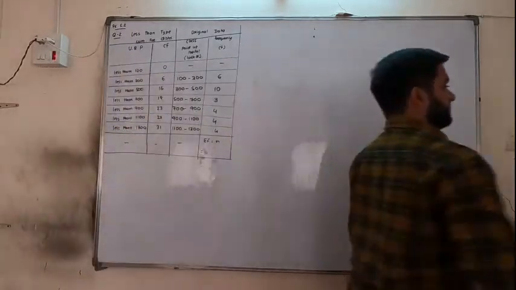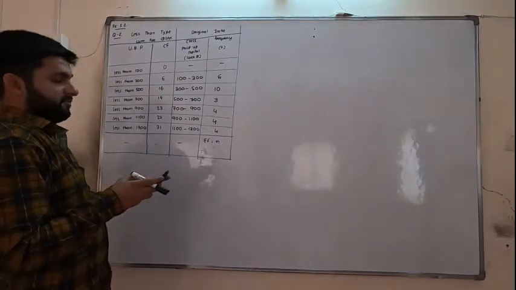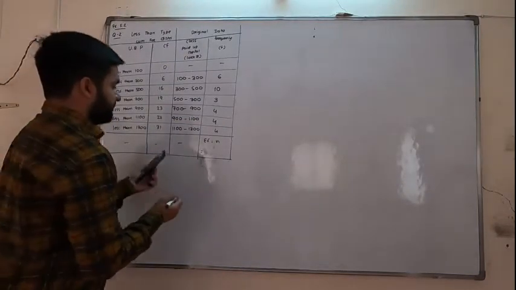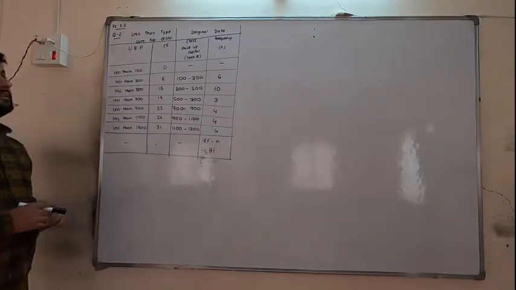Now let's check whether the total is 31: 6, 10, 3, 4, 4, 4 gives 31. Okay, so the original data is ready.